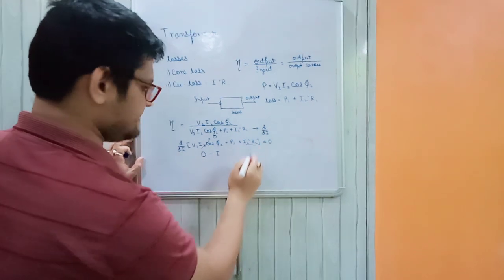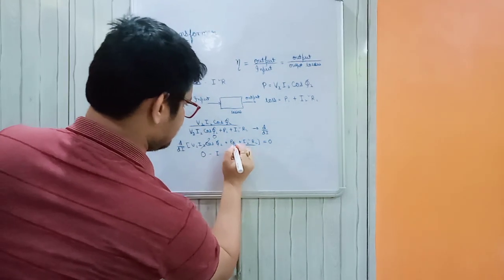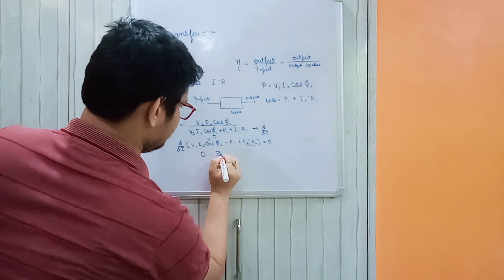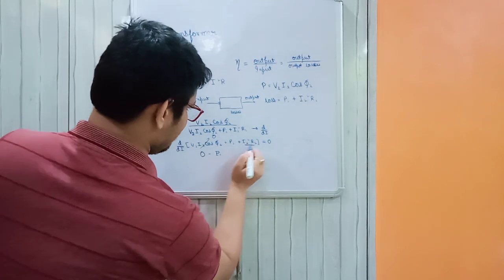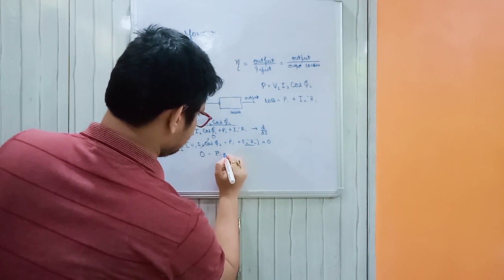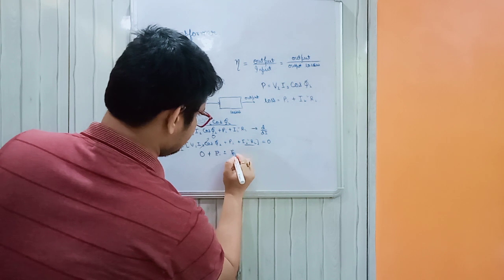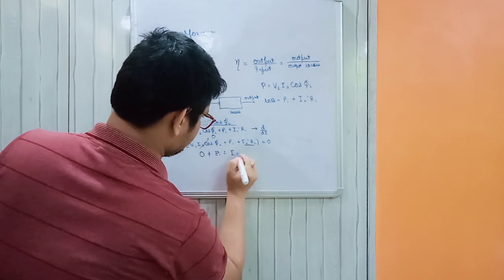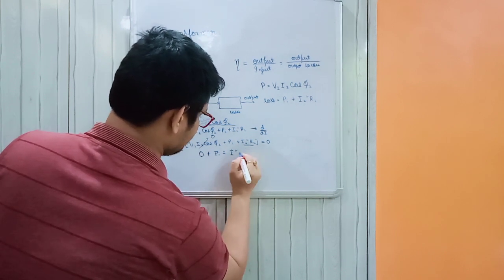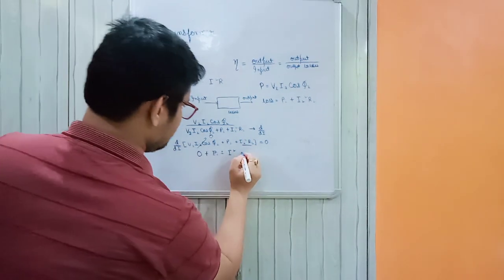The Pi term will come down as usual, and differentiating I2, this will be plus, this will be minus, and this will be I square, minus I square.